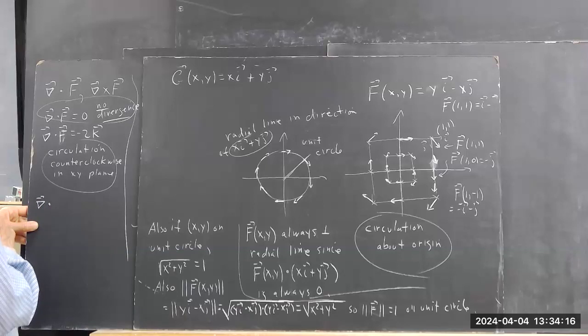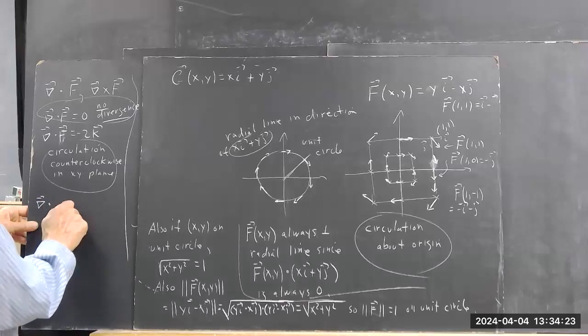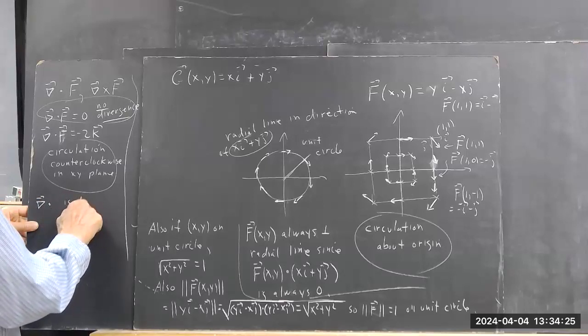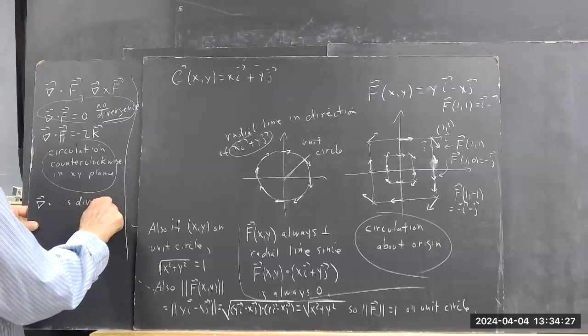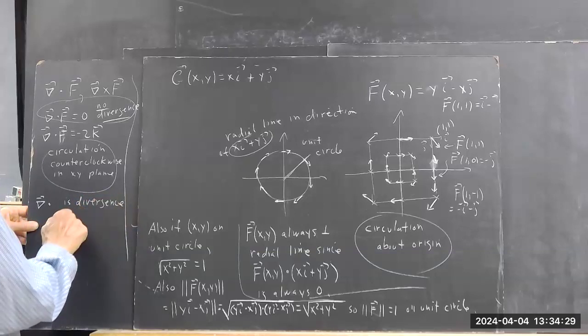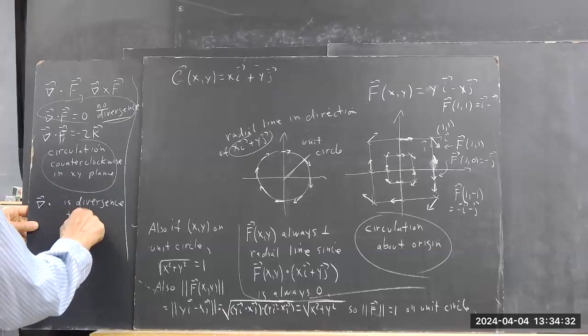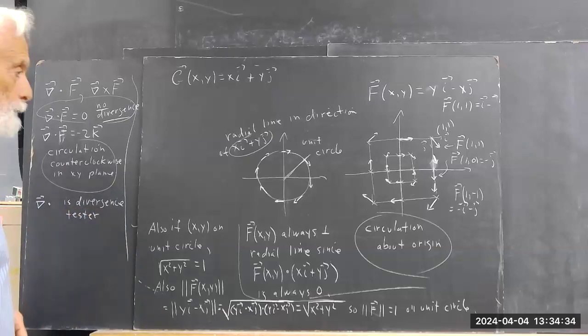Okay, I want to use besides F, G, I want to use H. I'm just going to say del dot H is your divergence tester.